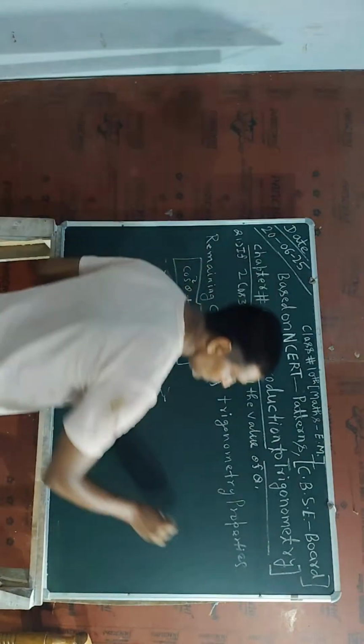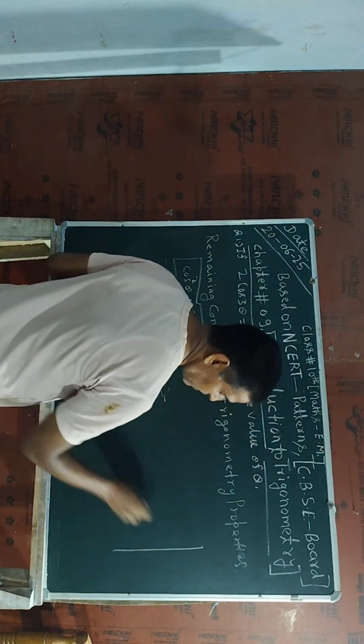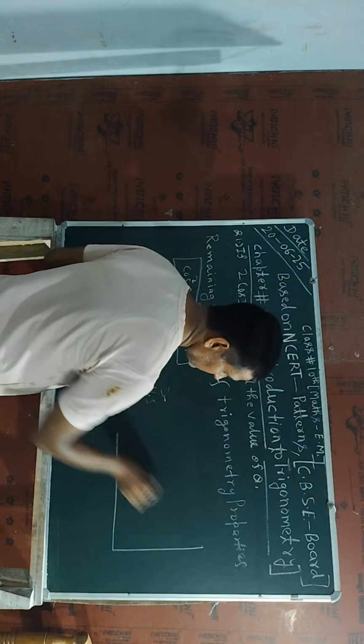Now here I am going to draw one right angle triangle, and after explaining it, I will give the second solution.